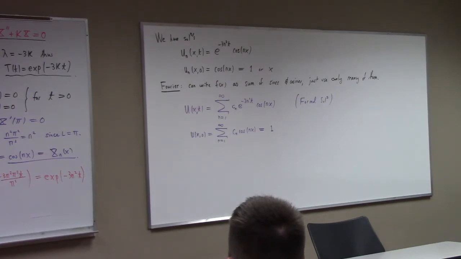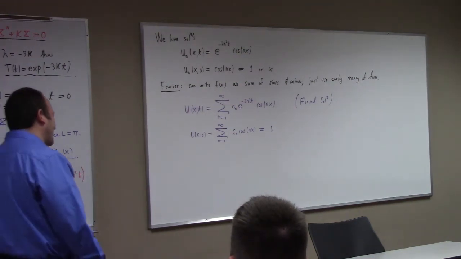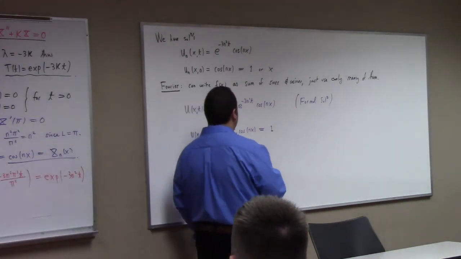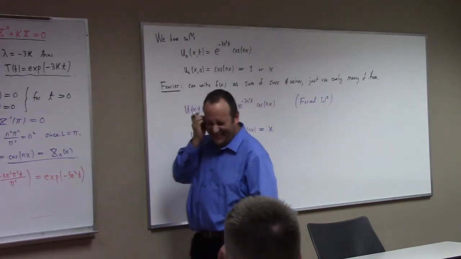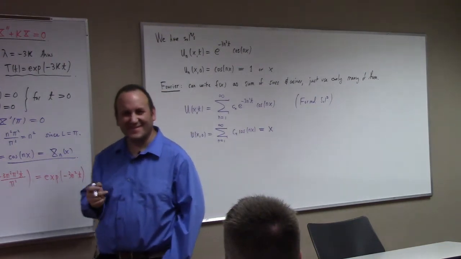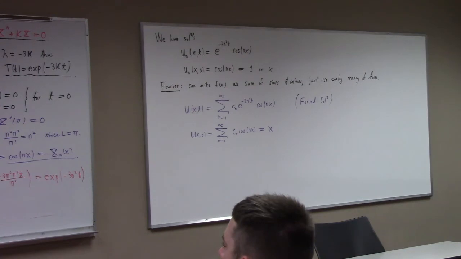Oh, and I forgot something. I'm an idiot. We definitely want x. Forget about my 1. Let's put an x there. It's more interesting. The thing is, I forgot about n equals 0, right? So 1 is an allowed solution. I mean, 1 doesn't need the Fourier technique. If you just put 1 here, this is really, really stupid, but if you put 1 here and just erase the 0 and put a t, that solves this problem.